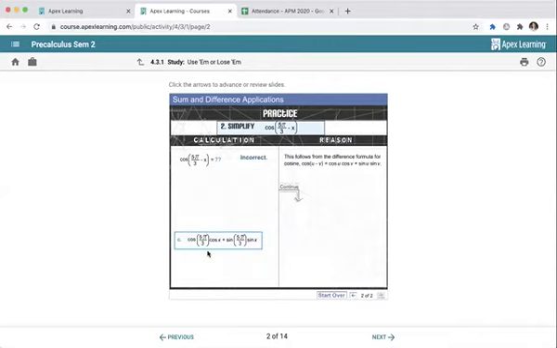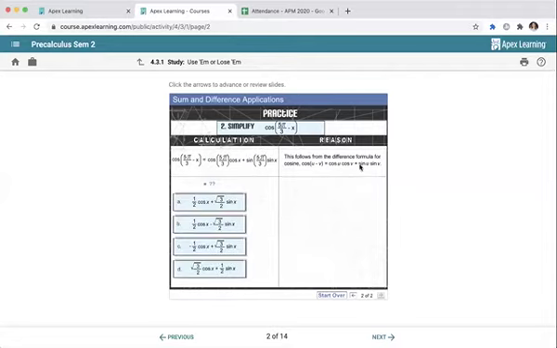This is the direct equation for our difference. This is our u value, this is our v value, and we plug it directly into our equation.